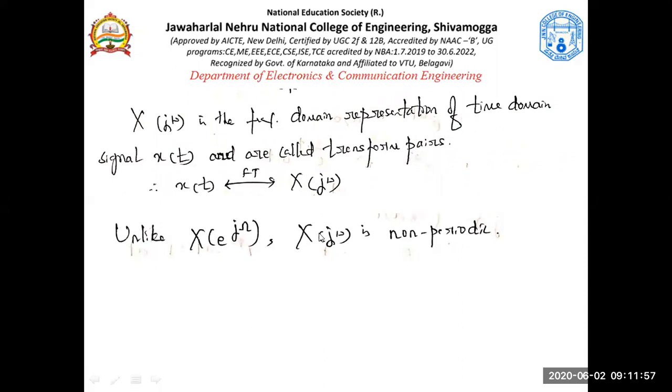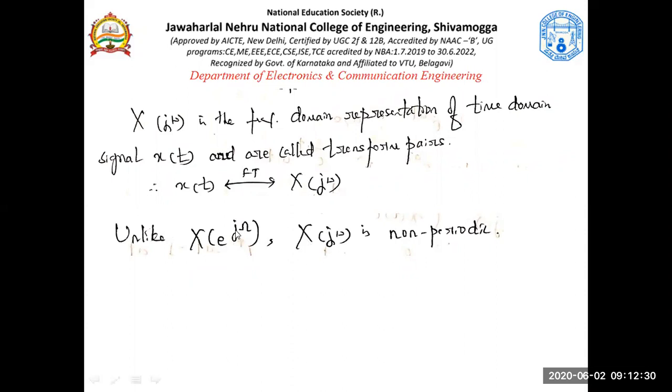But here, the spectrum of a continuous time signal is non-periodic. This is something that one should understand. I repeat again, this is the spectrum of the discrete non-periodic signal. This is the spectrum of the continuous time non-periodic signal. So this is DTFT, this is FT.